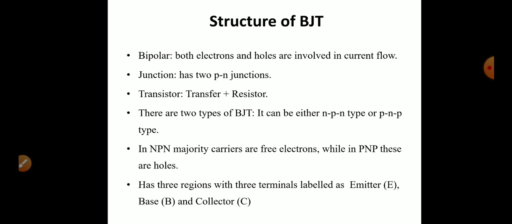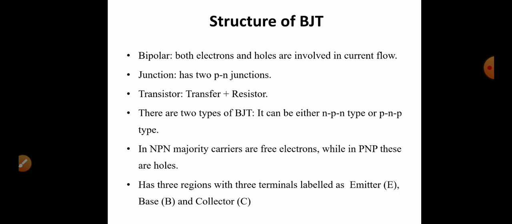It has two PN junctions, which is what junction specifies. And transistor is transfer plus resistor. Hence, in a BJT, B specifies bipolar, J junction and T transistor.